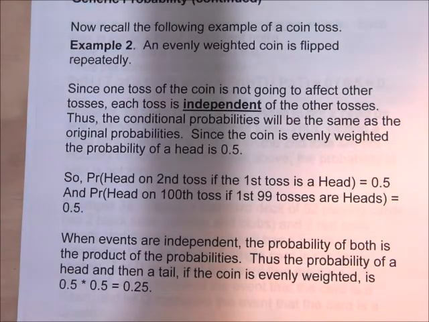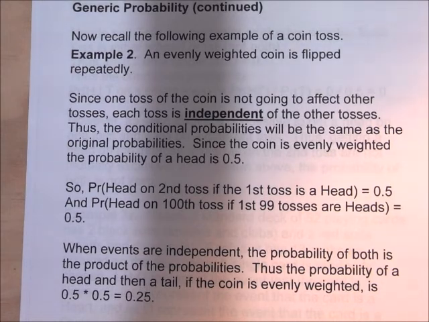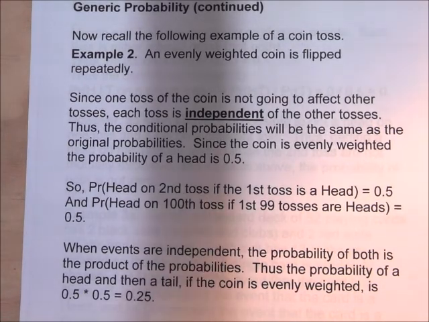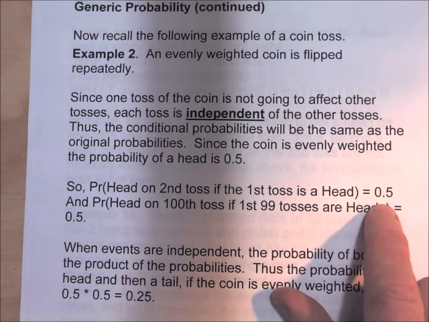Another example was tossing a coin. If the coin is evenly weighted, it should turn up heads half the time and tails half the time. And the tosses are independent, so regardless of whether the first toss is a head or a tail, you still have a 50% chance of getting a head on the second toss.